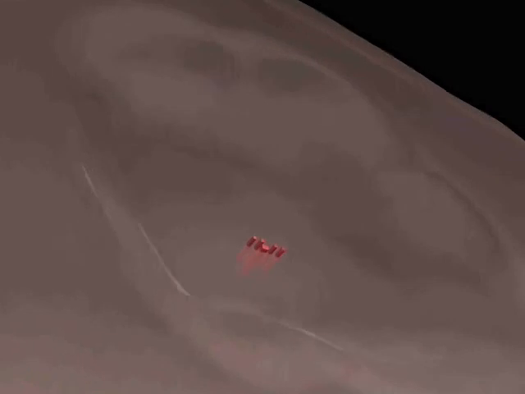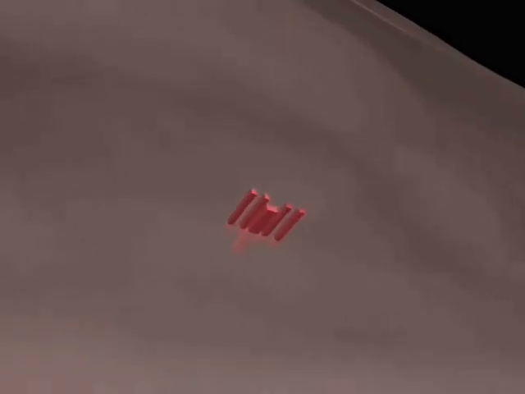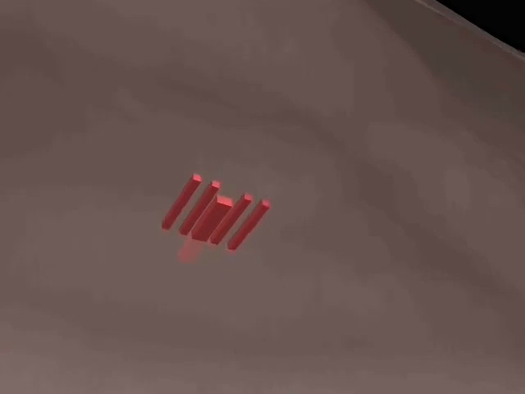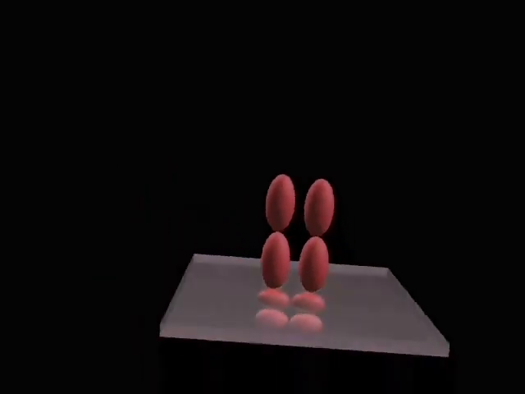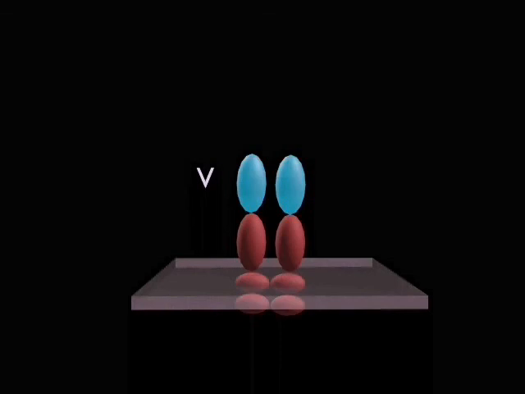Where it remains anchored to become the T cell's receptor for antigenic peptides. The alpha and beta chains are folded into variable V and constant C domains, similar to those in antibody.